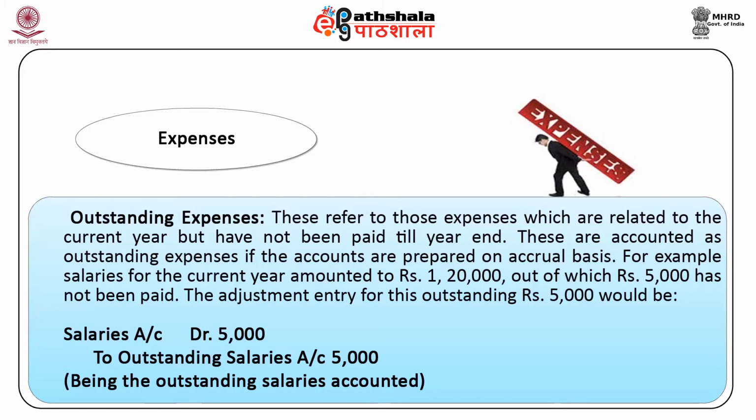For example, salaries for the current year amounting to Rs 1,20,000, out of which Rs 5,000 has not been paid. The adjustment entry for this outstanding rupees 5,000 would be salaries account debited 5,000 to outstanding salaries account credited 5,000, being the outstanding salaries accounted.